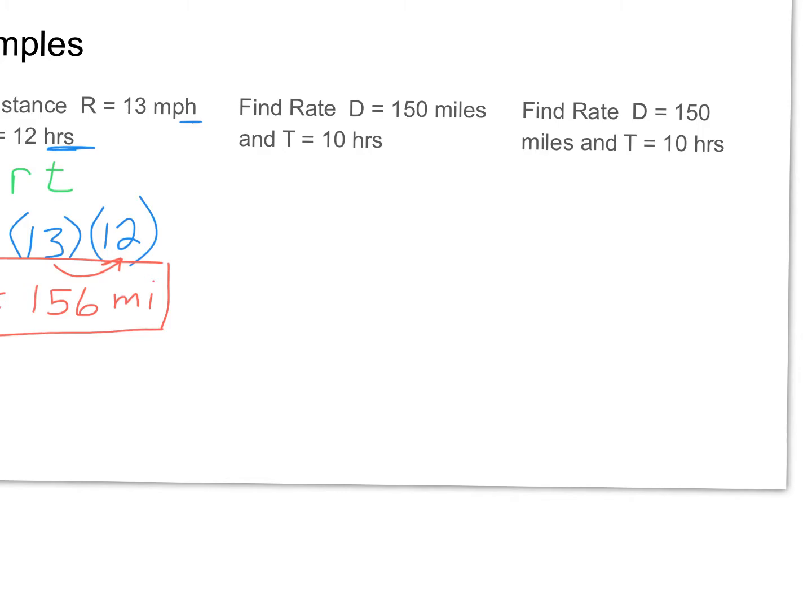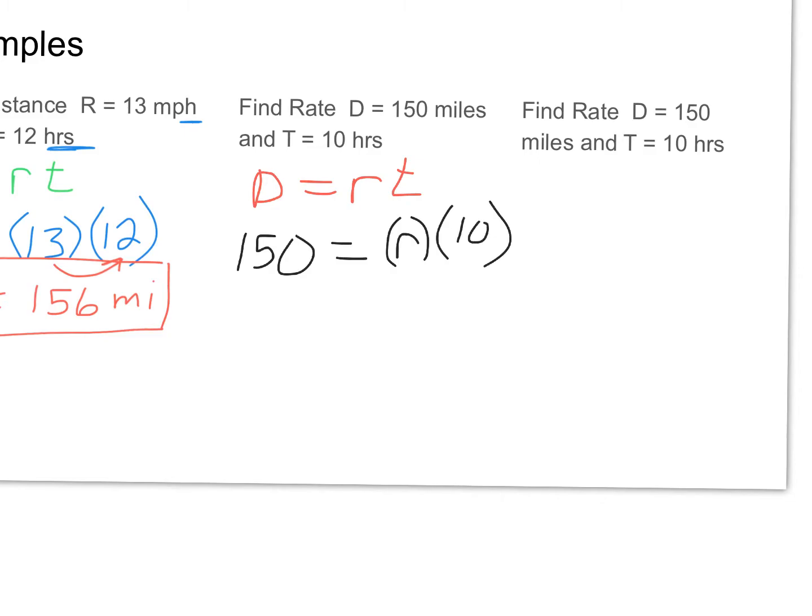Now in this case, find the rate this time when your distance is 150 miles and your time is 10 hours. So we start with our formula, D equals RT. Now this time, I know the distance is 150 miles. My rate, I don't know what that is. But my time is 10 hours.